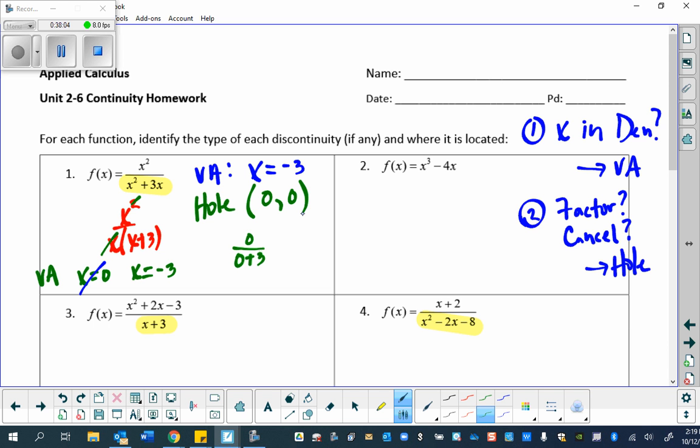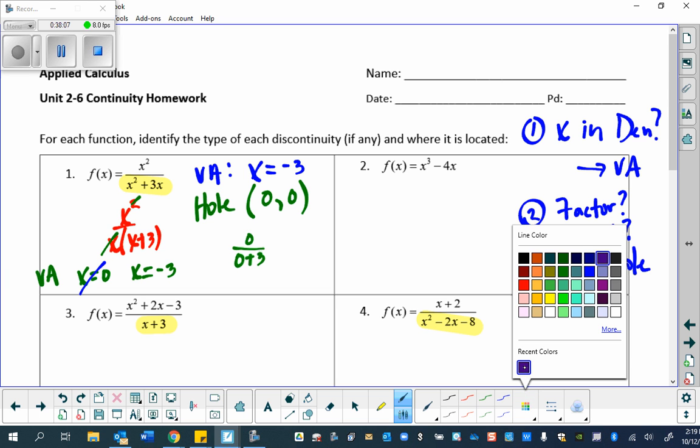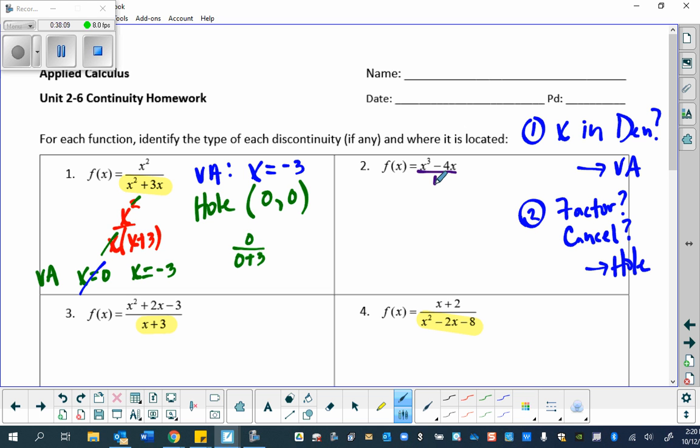When we look at number 2, I have nothing in the denominator, no variables down here, so there's no time that this is not going to be continuous. So this is continuous. And someone says, well, why don't you factor it? Well, I can, but all that factoring is going to do is tell me where my solutions are.